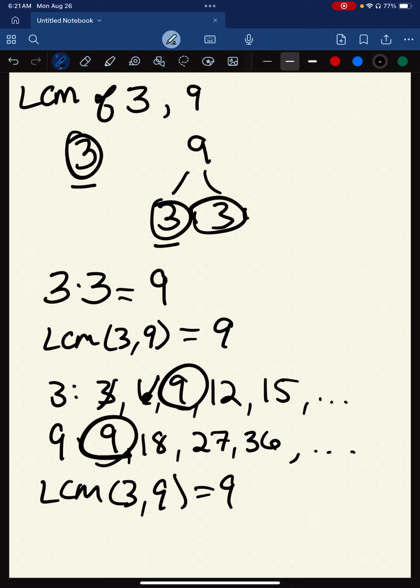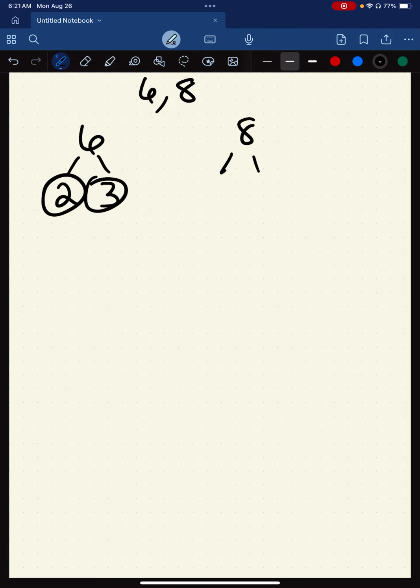All right, and then there's one more fact I want to mention for this lecture, and then we'll wrap it up. And that is probably something that's not in Lumen, but I think it's interesting. If you know what the greatest common factor is, or the greatest common divisor, what that is whenever we're doing these factor trees, let's do 6 and 8 again. 6, 2 times 3, 8 is 2 times 4, 4 is 2 times 2.